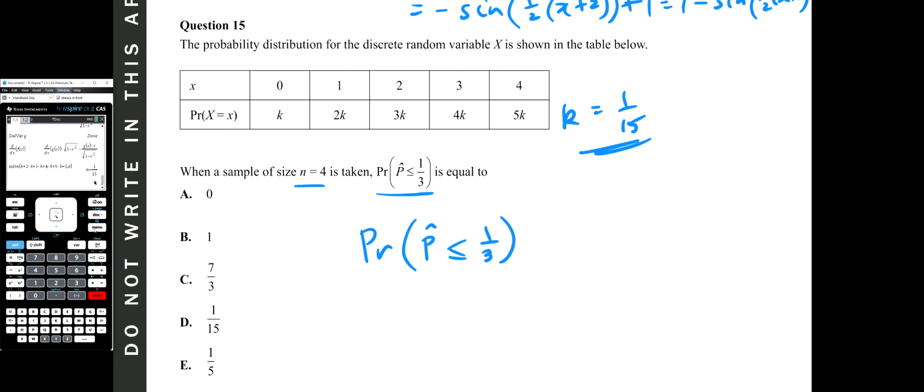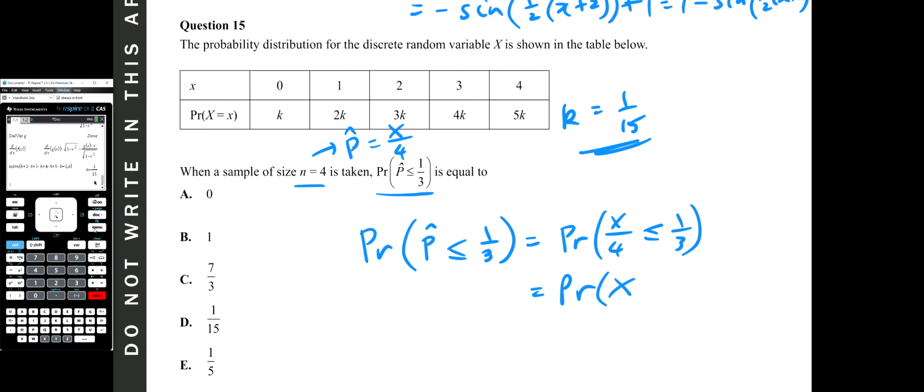So when n equals 4, the values of capital P hat will be all the x values divided by 4. So Pr of P hat less than or equal to 1/3 is equal to Pr of x over 4 less than or equal to 1/3, which then translates to Pr of x less than or equal to 4/3. Now 4/3 is just slightly a tad over 1.